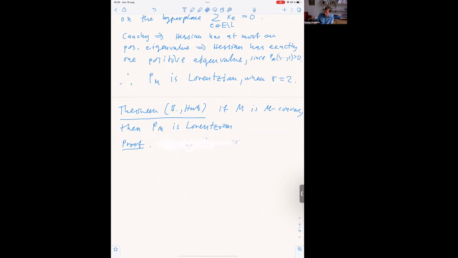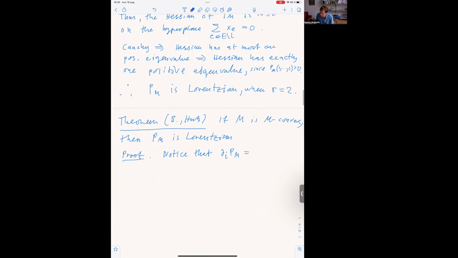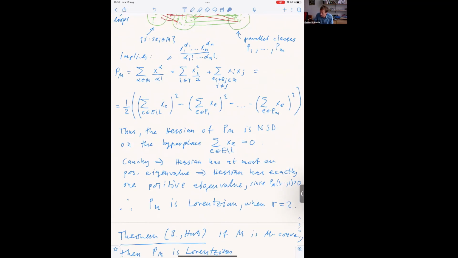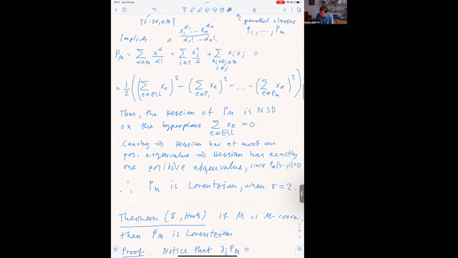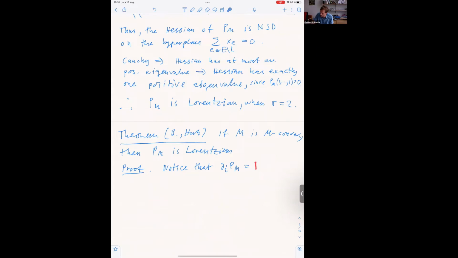We just notice that if we take the derivative with respect to x_i, by definition here, we will just get the contraction of M. So it's just going to be the same, the generating polynomial for the contraction.